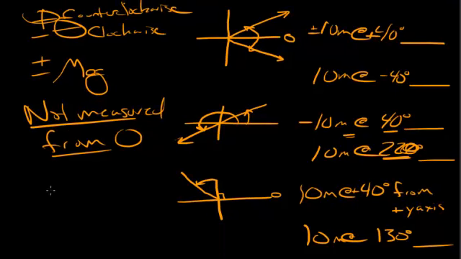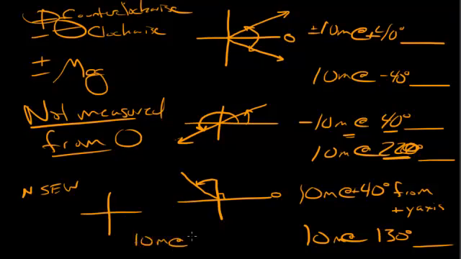The final thing that you're going to see is a north, south, east, west type configuration, which we don't see nearly as often. It's going to happen, but it's basically going to do exactly this. For example, it might say 10 meters at 40 degrees north of west. The "of west" is exactly like this blank right here, telling us where to measure from.